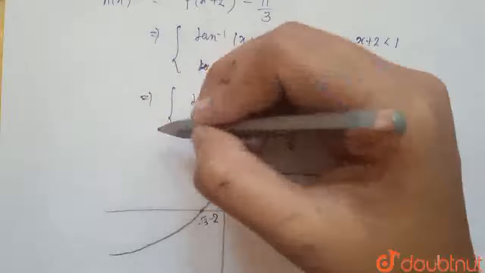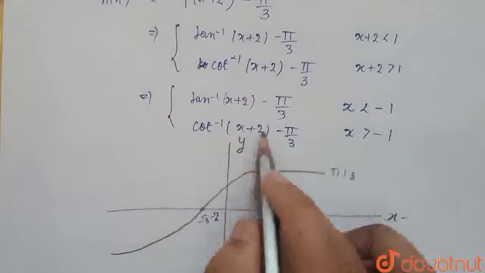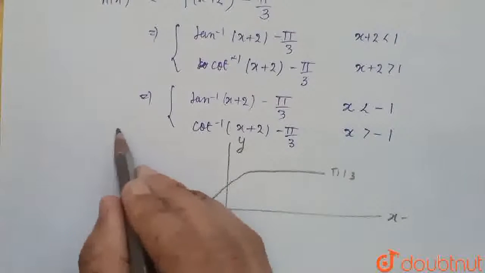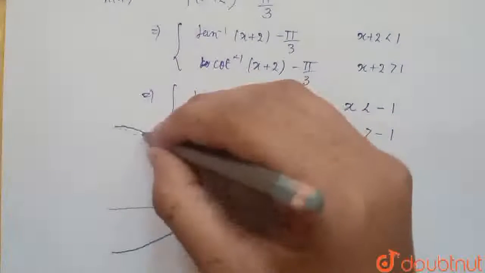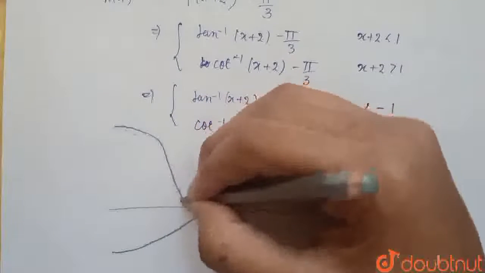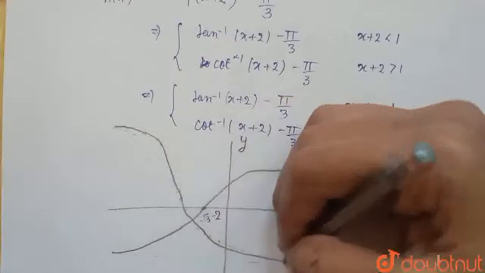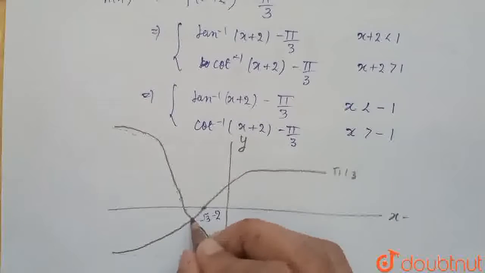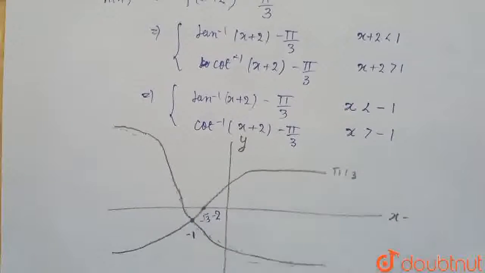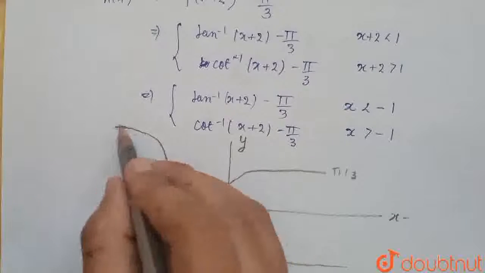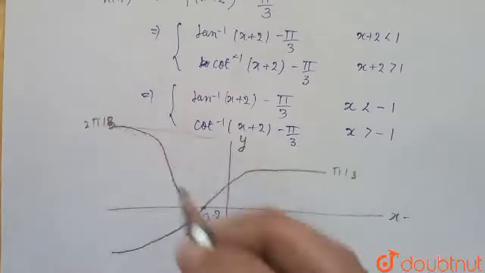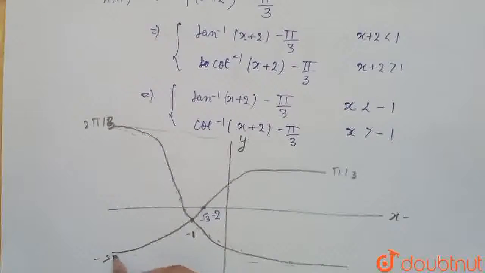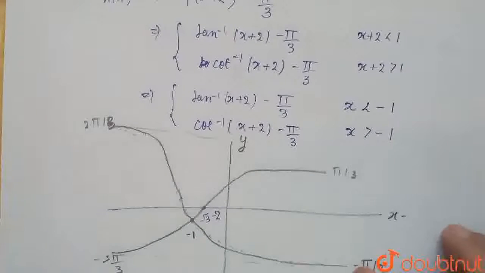Now the graph of cot inverse (x plus 2) minus pi by 3 will be like this. This point will be minus 1. Here this line is 2 pi by 3 and this line is minus pi by 3.